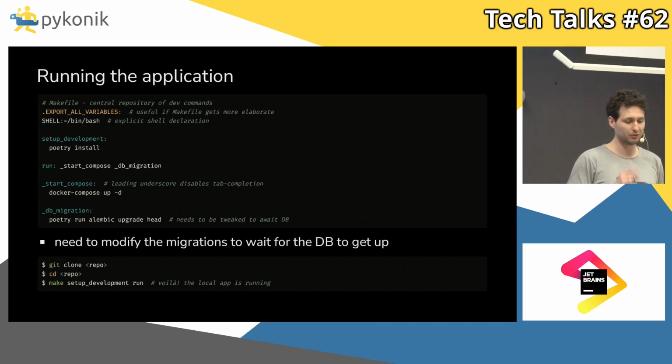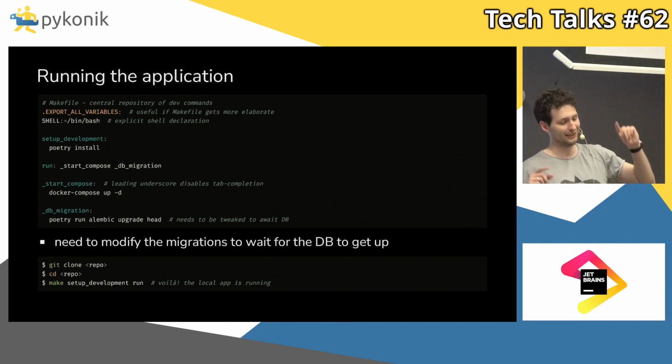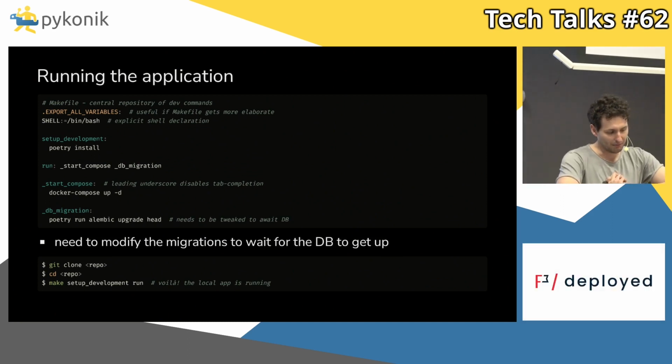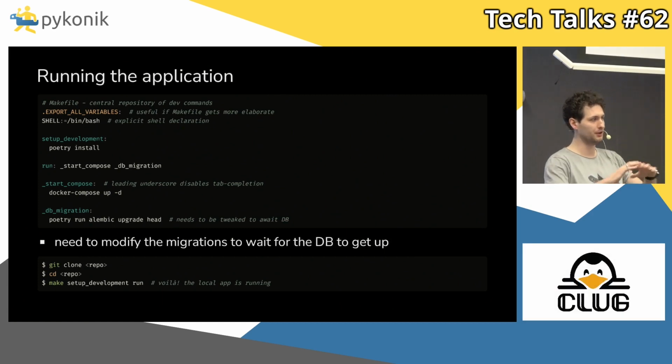Right. So the question is, what's the benefit of putting the explicit shell declaration? Make is a bit of a bastard, and it's not going to give you the shell you think you're going to get. Most often, you have your bash, and everybody's pretty much used to bash, but make will use sh, which is older and works weirder.